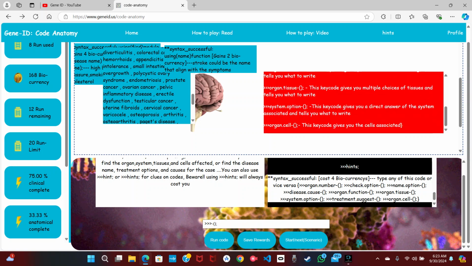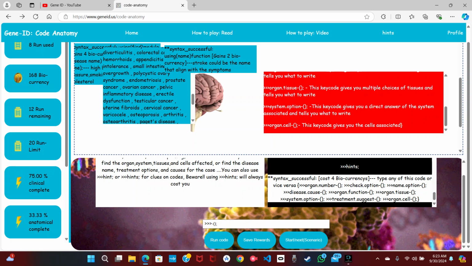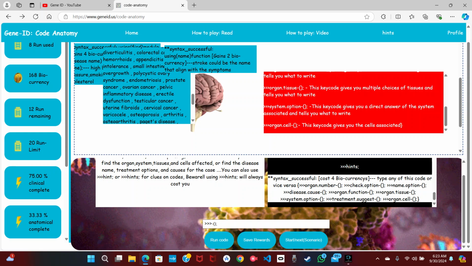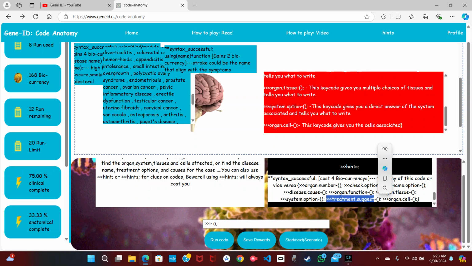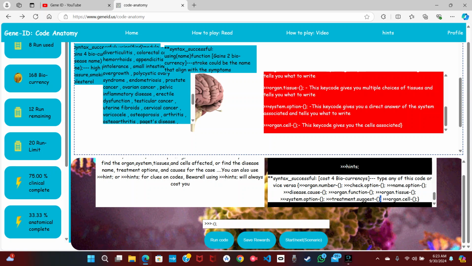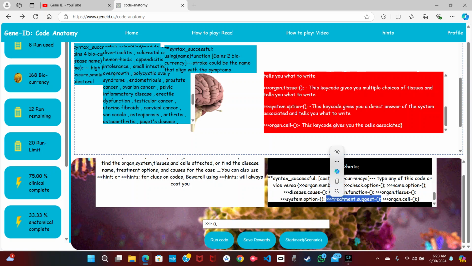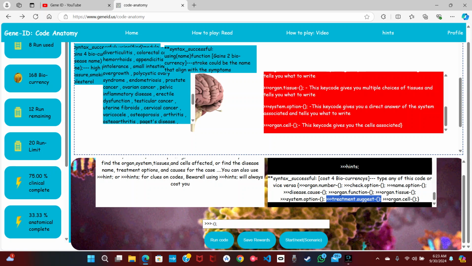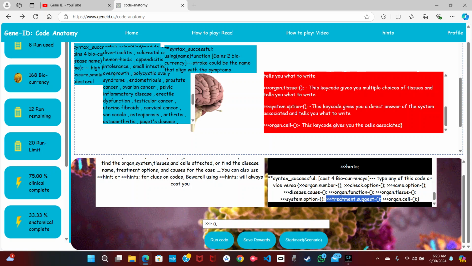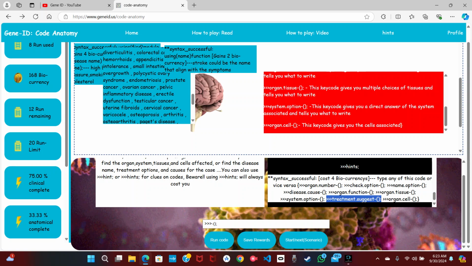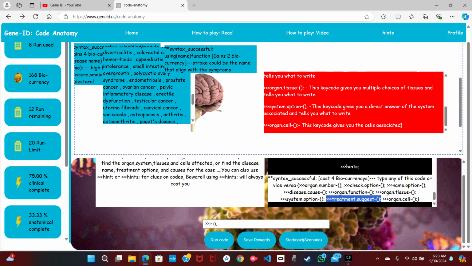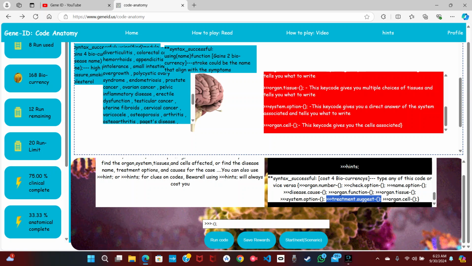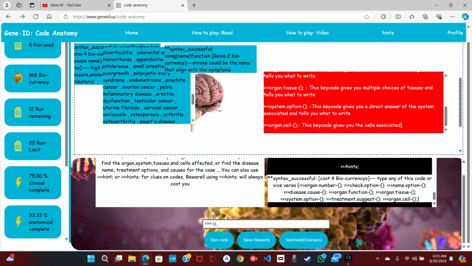So I'm just going to go ahead and copy and paste this because this is what we need. My apologies for not finding the treatments on there. So I will upload the instructions for the treatment as well, so that you guys wouldn't be left in the dark.